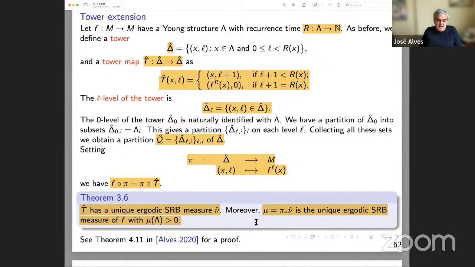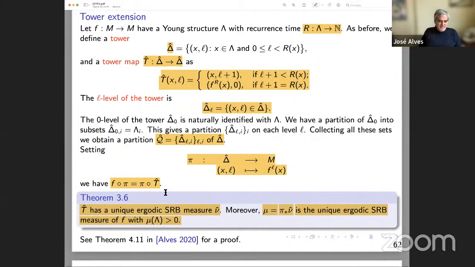So, as I said, with the return map we can construct the SRB measure of the original system. With the tower, we can also construct an SRB measure, and they coincide. So the idea is that the projection gives the measure that we constructed before. And this is one of the good things of this tower: the SRB measure is a projection.